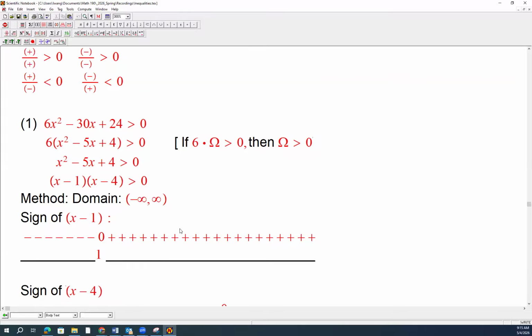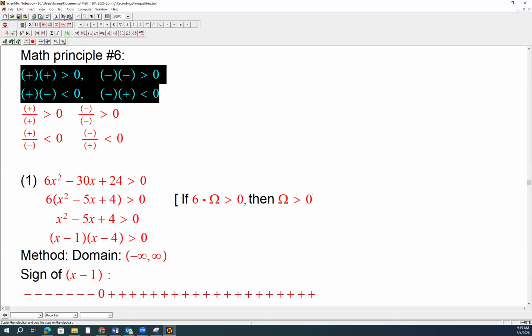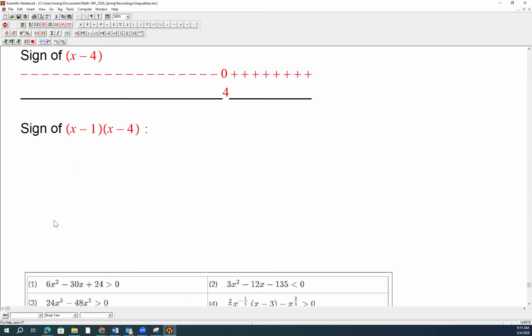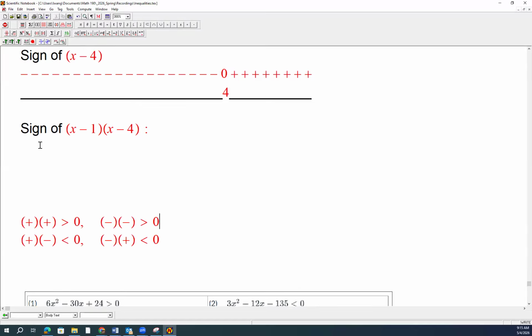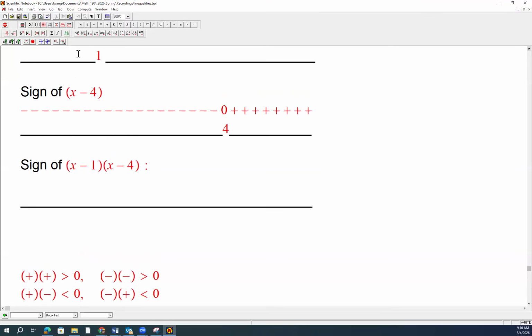So I'm going to copy that and put it underneath so we can use it as a reference. So this is the number line, and we have just worked with number 1, right? So I try to line them up. This is 1, and that's 4.